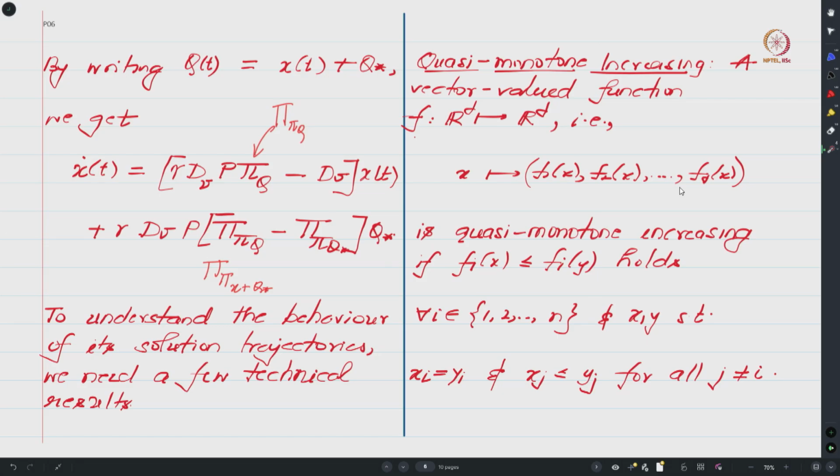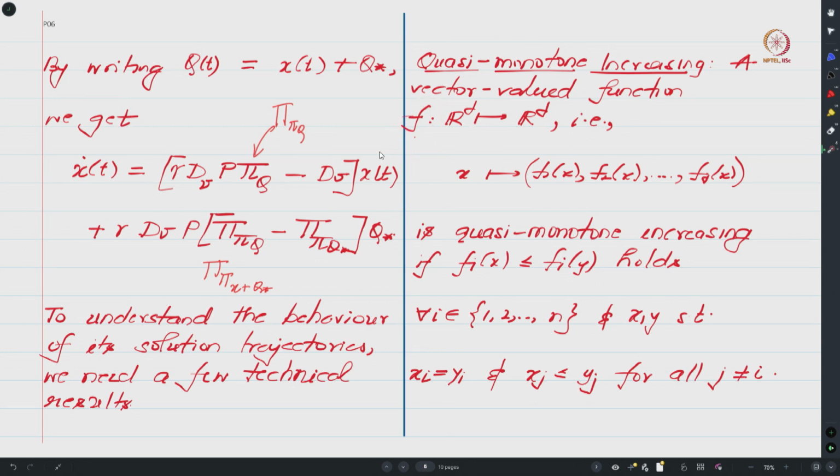We will say such a function is quasi monotone increasing if it satisfies the property that is listed over here. So let us understand what this property says. Suppose x and y are elements in Rd, and you give x and y as input to your function f.